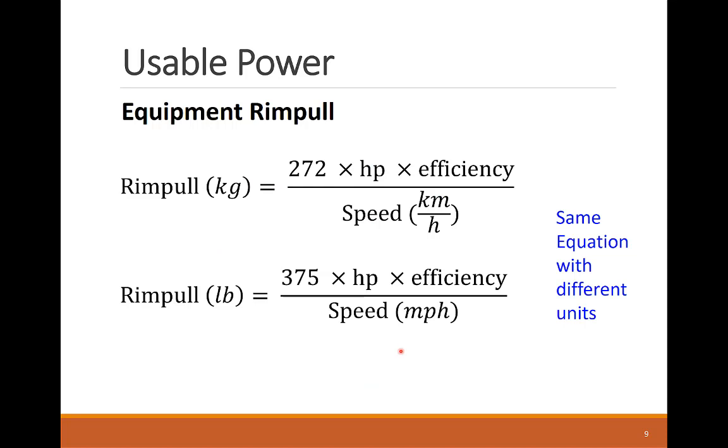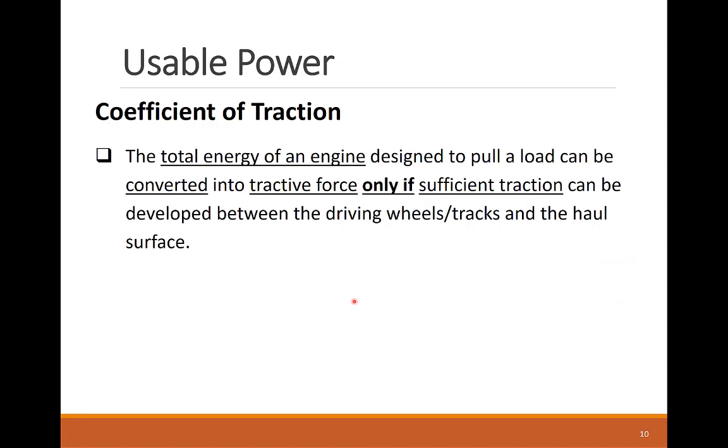To calculate rimpull in pounds, here is a revised formula with the speed now in miles per hour. Same relationship, but different formula constant in units. Besides rimpull, the usable power is dependent on the traction capacity between the equipment wheels and the driving surface.